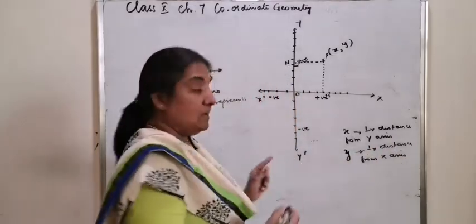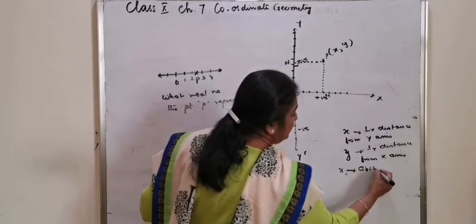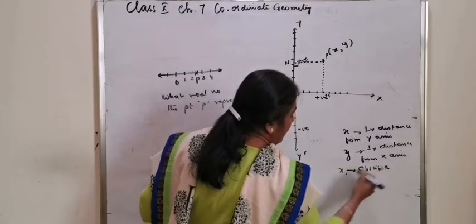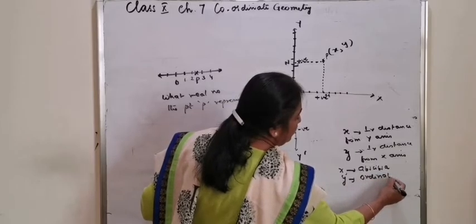We also call the x-coordinate the abscissa and the y-coordinate the ordinate.